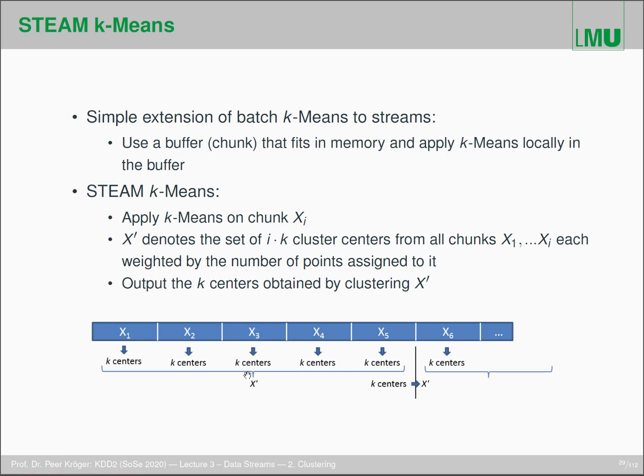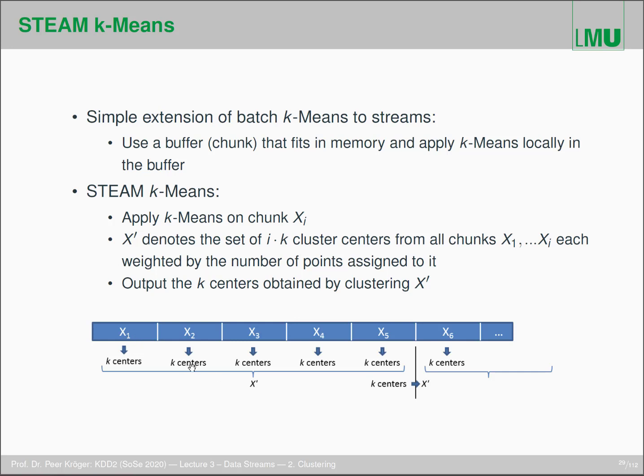And you can do the clustering offline while you fill up the buffers, the chunks. The stream can go further on, and you always try to create the chunks and then summarize each chunk by applying k-means. So the k cluster centers are some summary information on X1, on this chunk here.